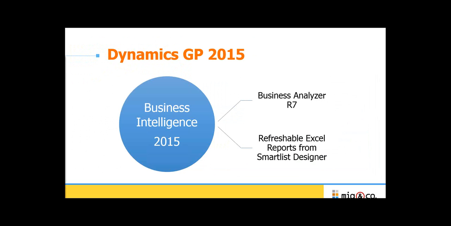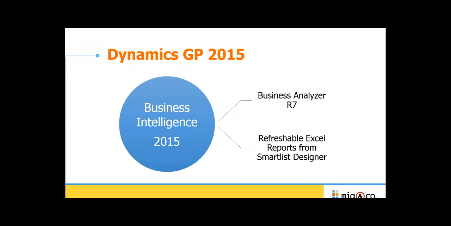You can also find the Business Analyzer 7 companion app on iTunes, Google Play, and the Windows Store. So if you want to download that, you could go there and tie that in with your Dynamics GP Business Analyzer information.